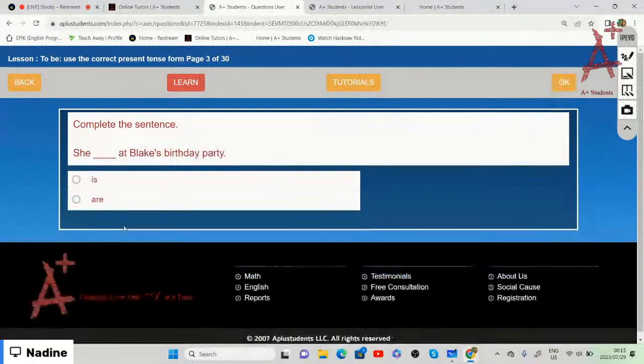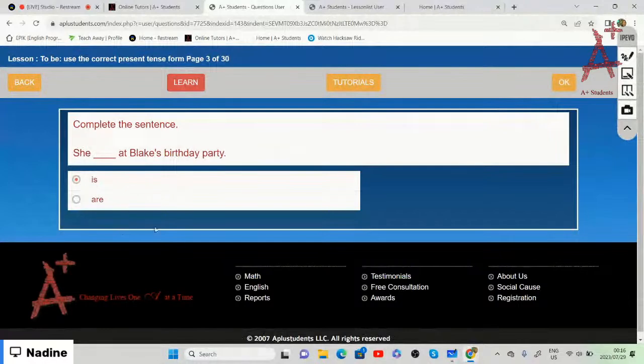She is at Blake's birthday party, or she are at Blake's birthday party. We need to choose the correct one. She is or she are at Blake's birthday party. All right. So since we are only referring to one person, which is she, then we're going to say is, right?